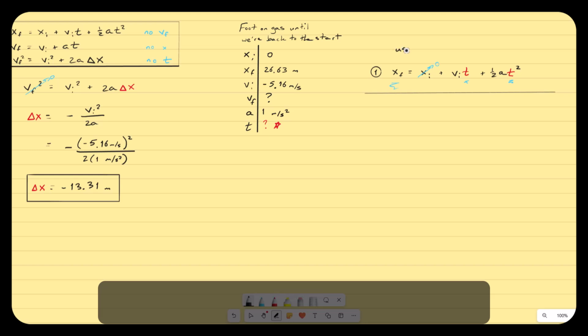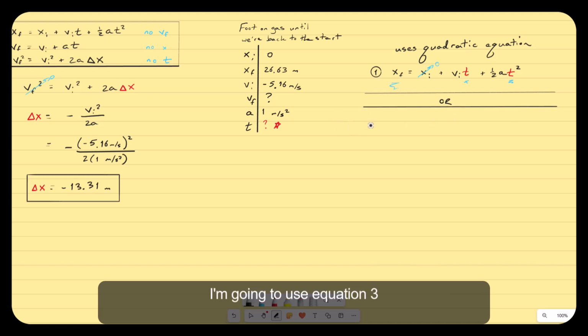This uses quadratic equation to find t. Other option, I'm going to use equation 3 to find V final.